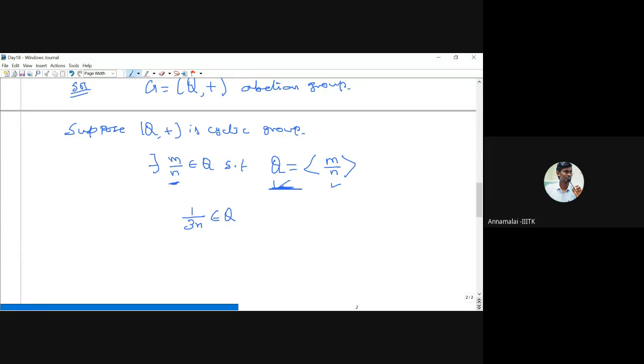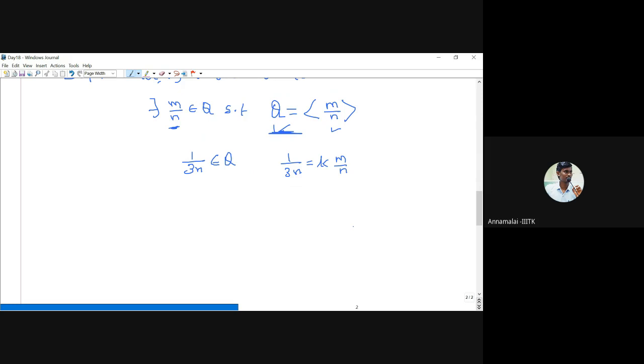In particular, 1 by 3n should also be an integer multiple of m by n, say k times m by n. Now we can cancel n because n is a non-zero number. On the left hand side we get 1 by 3, and on the right hand side we get k times m.